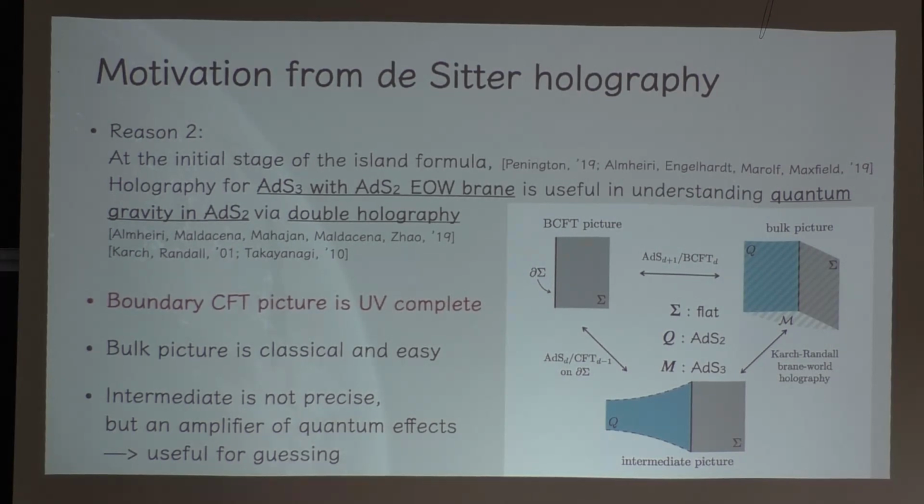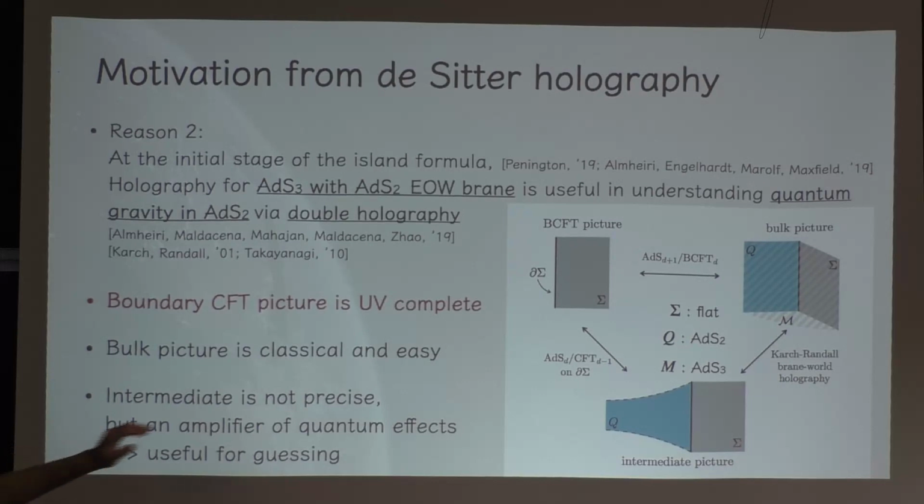From the Karch-Randall point of view, we know that the intermediate picture is a low-dimensional effective theory. But if we go to very high energy, then on the BCFT side, we know what happens. On the bulk side, we kind of know what happens.